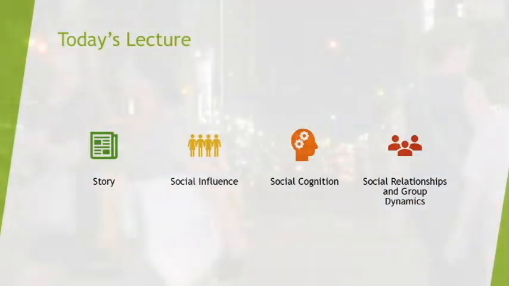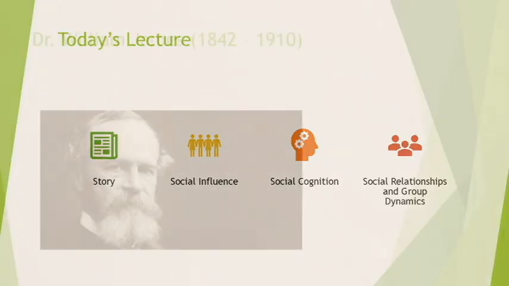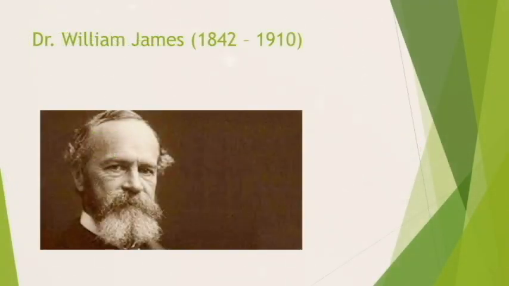And finally, we'll explore social relationships and group dynamics. In that, we're looking at human behavior at its deep roots, at how we interact with others. How we make friendships, how we make romantic relationships, and at large scales, how we feel like we fit into a group.